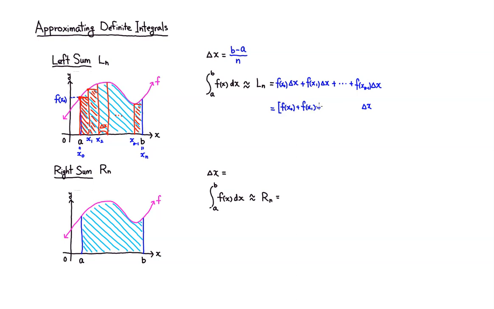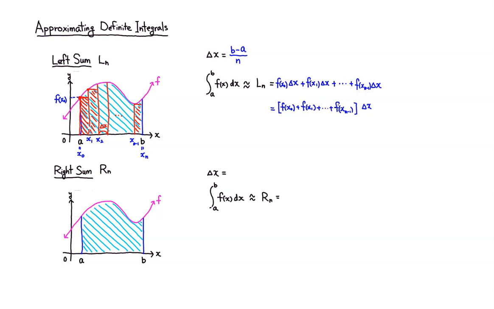And I keep doing that until the last one is f of xn minus 1. This sum is called the left sum because we're using a left endpoint of each interval to determine the height of the approximating rectangle.